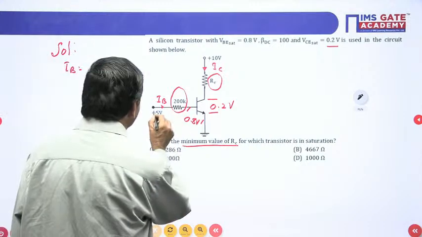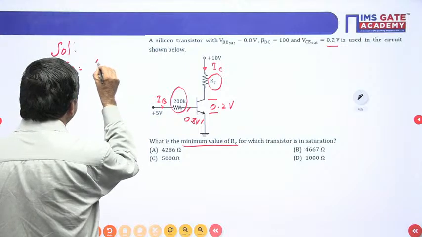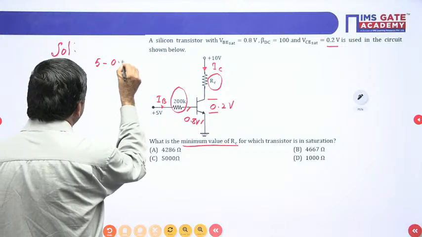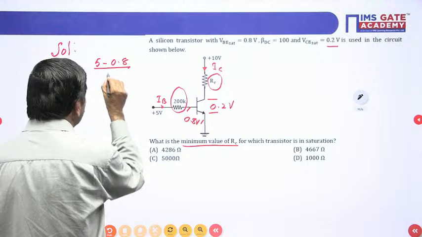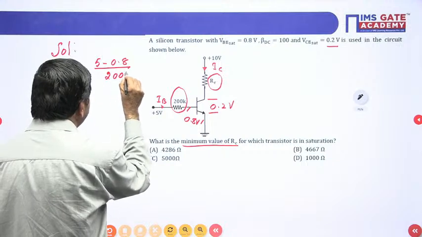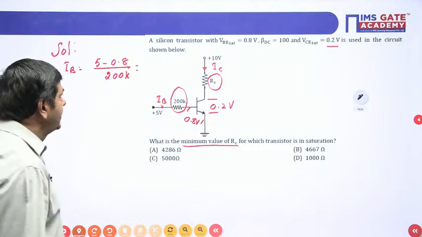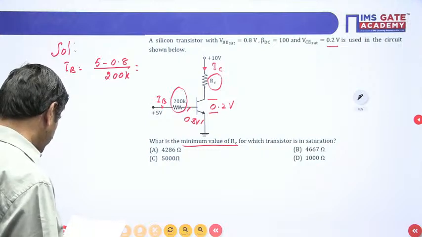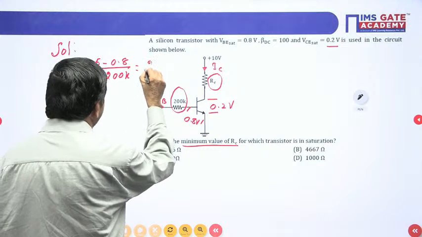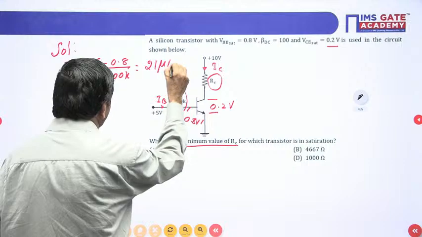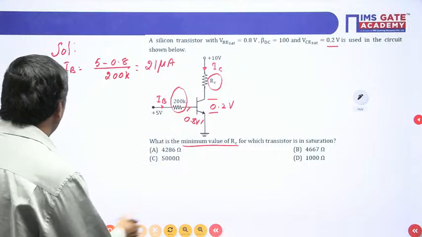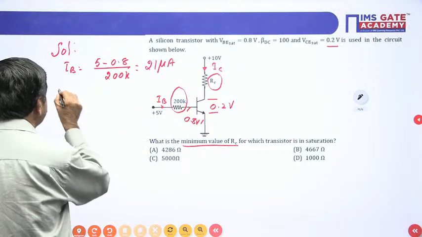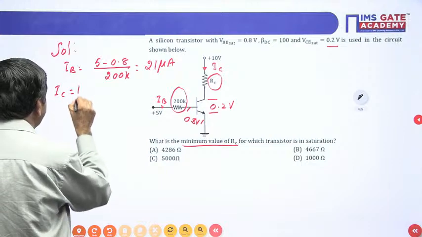IB is given by 5 minus 0.8 divided by 200 kilo. This base current will be 21 microamperes. Once you get the base current, you can determine the IC value. IC equal to beta into IB.